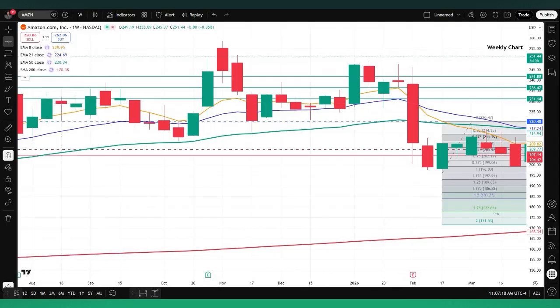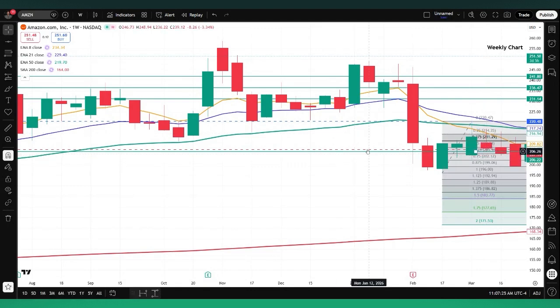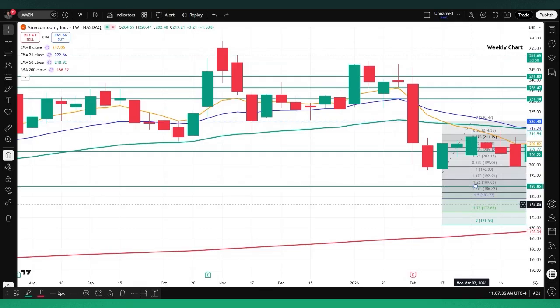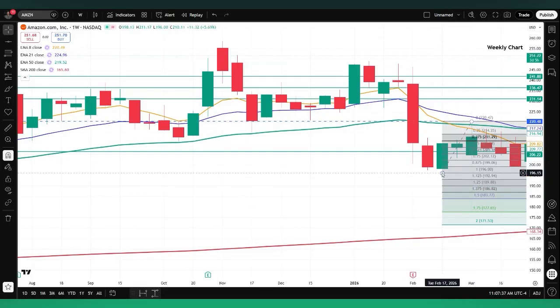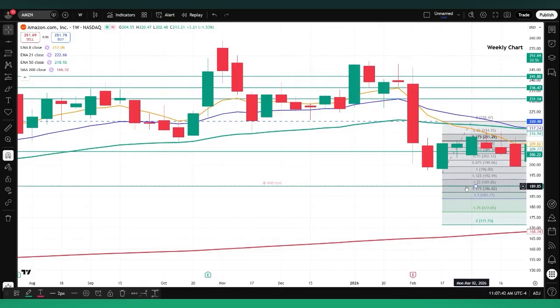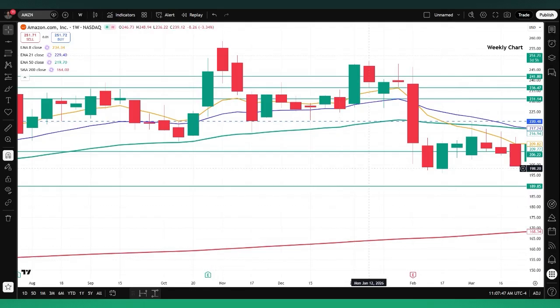I put a horizontal line here at the 75%, which is right about there, and the other one here at the 125% extension. Again, we're using this move from the low to the peak to measure that. Now I get rid of this retracement tool and I know that this low has to fall in between those two green lines.